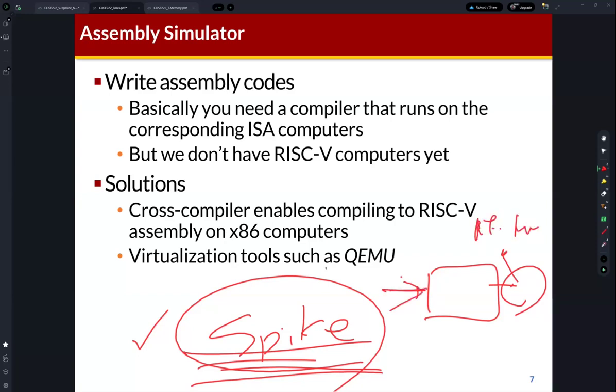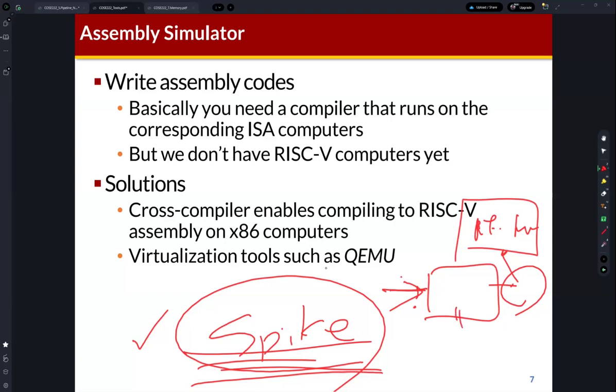So Spike, the RISC-V ISA simulator, reads the RISC-V instructions from the binary file and modifies the software model of the register file and memory.